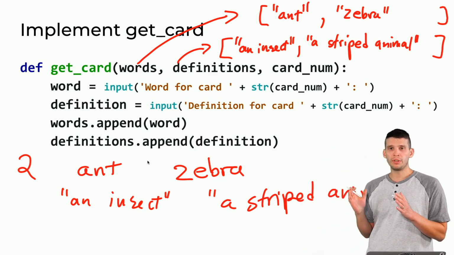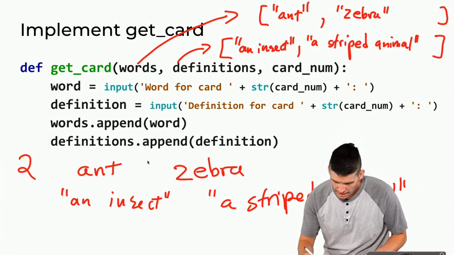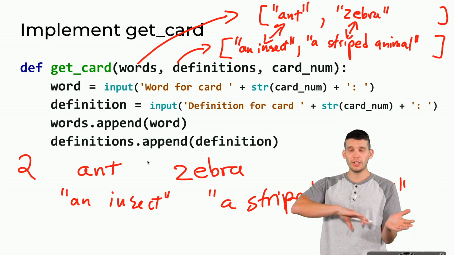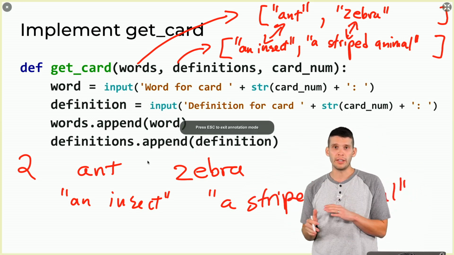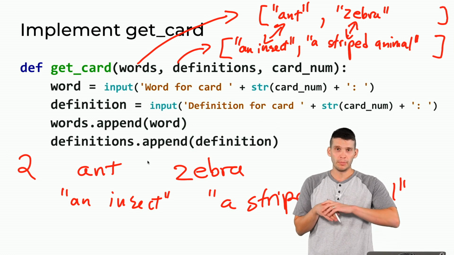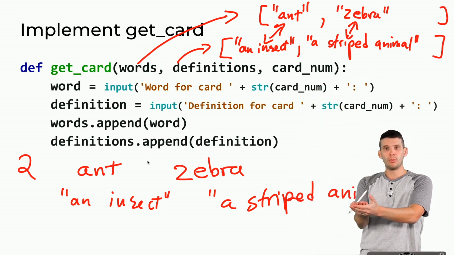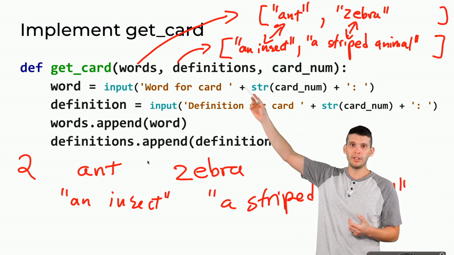So notice what's happening with the indexes. Every time I get a new flashcard, I put a string in each one of these lists, but the definition goes at the same index as the word did in the other list. So if I am looking at the word zebra at index 1, and I want to know the definition for zebra, I go and look at index 1 in the definitions list.